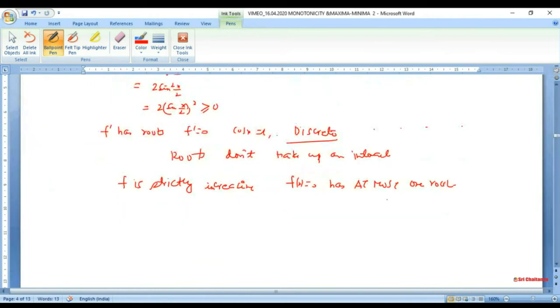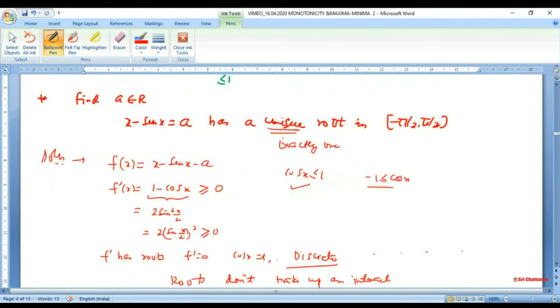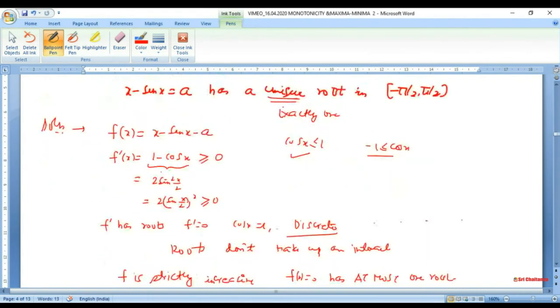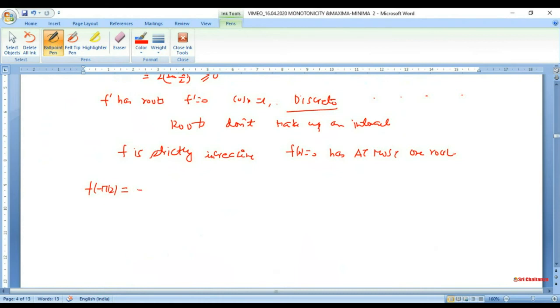Let me derive the condition for at least one root. You want the interval minus pi by 2 comma pi by 2. So I will first write f of minus pi over 2. That will be negative of pi by 2 minus sine of minus pi over 2 and minus a.